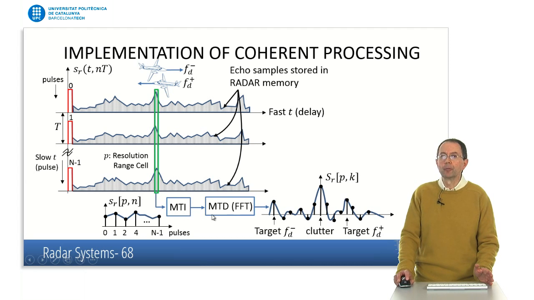They are not incompatible, so we can first clean most of the clutter power with MTI, and then follow with an MTD in order to estimate the possible target radial velocities. And all this is done in real time. The radar has a bank of memory here, which gathers all this information, and in real time all this coherent processing is computed by the radar.